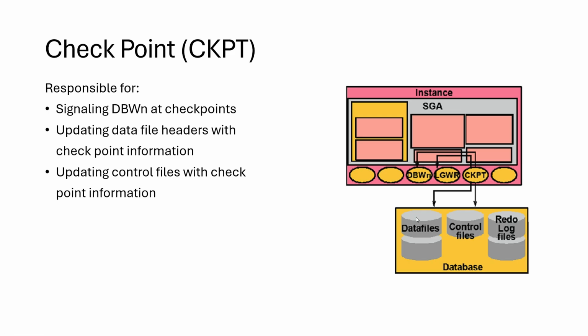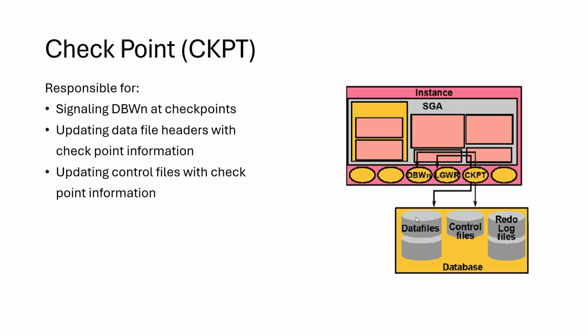SCN is the system change number. This keeps the database in a consistent state. So it will update the SCN in the data file headers and control file headers.